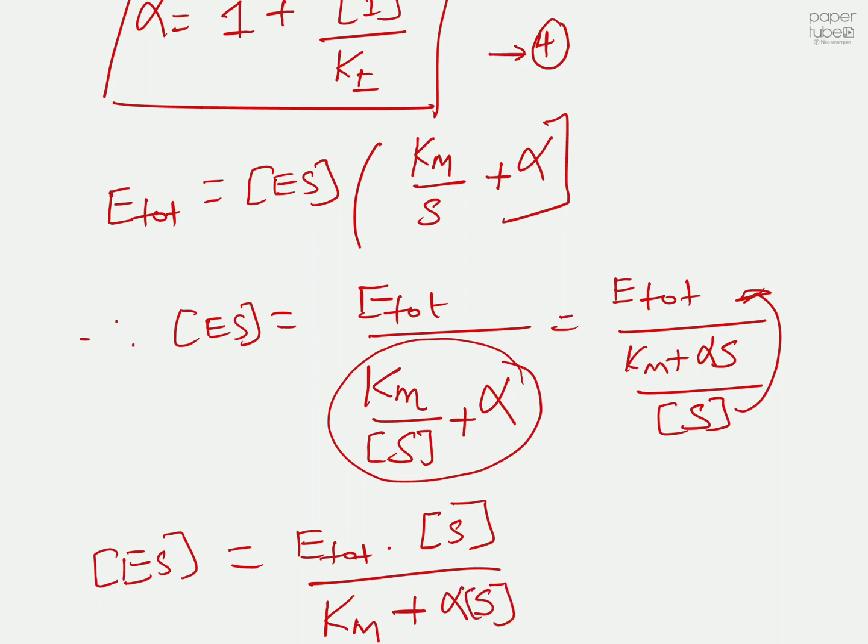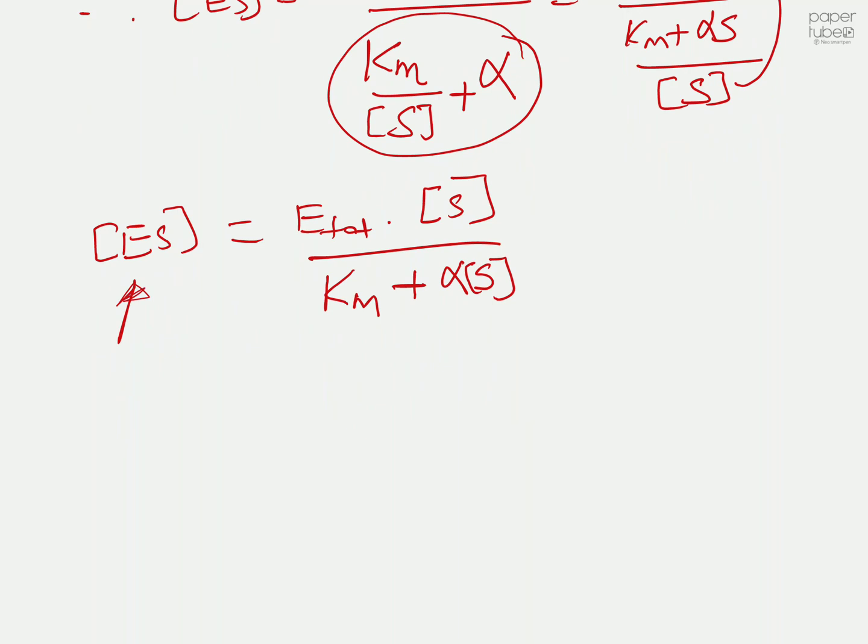Now we have the value for the enzyme substrate complex as a function of the inhibitor constant, which is related to alpha, and the substrate concentration. This is something we can measure. Alpha we need to calculate, and Km we need to calculate from the experimental data. Let's call this equation 4, and we know R0, the initial velocity, is equal to K catalyst times the enzyme substrate complex.